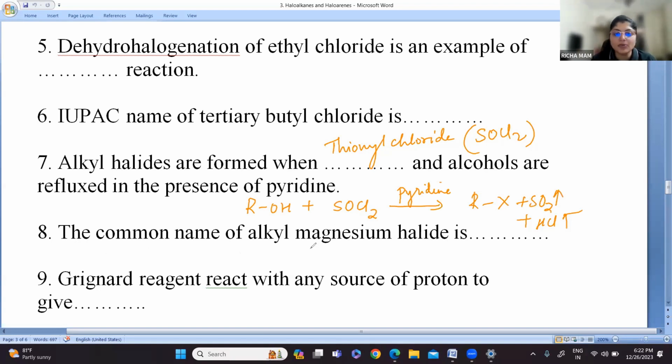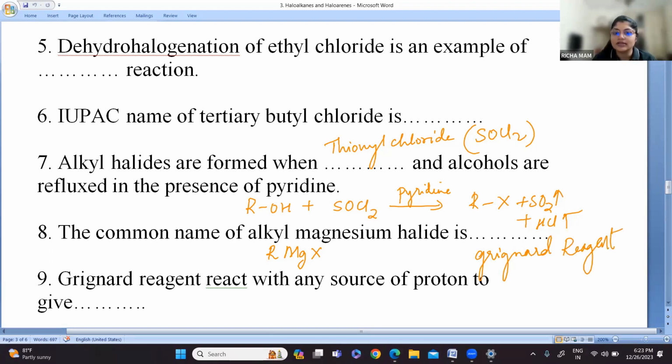Next question. The common name of alkyl magnesium halide, RMgX, is what? It is called Grignard reagent.